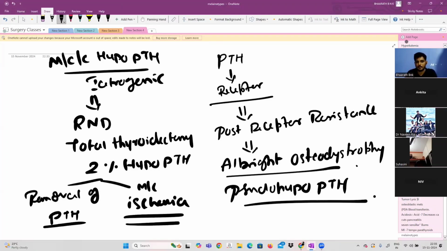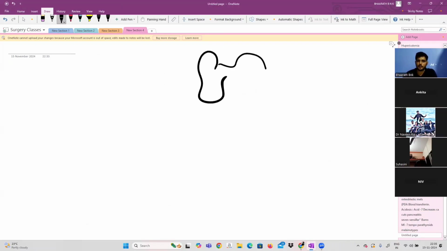Now, ischemia happens because if this is a thyroid, you know that the inferior thyroid artery enters from the middle, right? So the inferior thyroid artery enters from the middle of the gland into the thyroid. Now, on either side of this inferior thyroid artery are present the parathyroids, and these parathyroids, both the superior and inferior, are mainly supplied by the inferior thyroid artery.